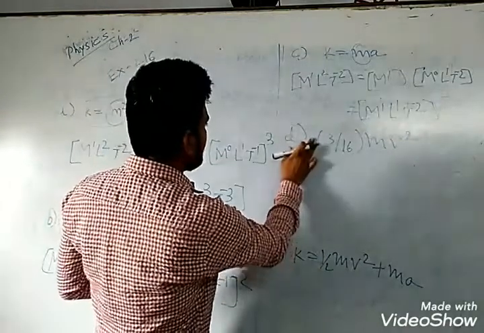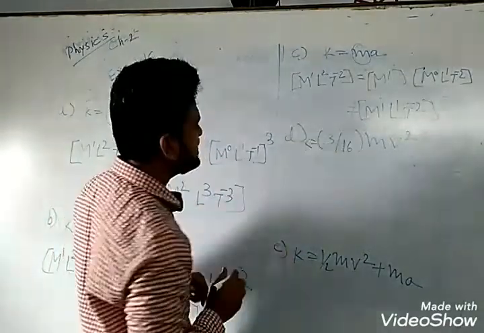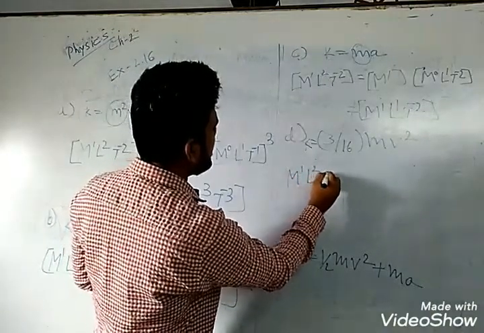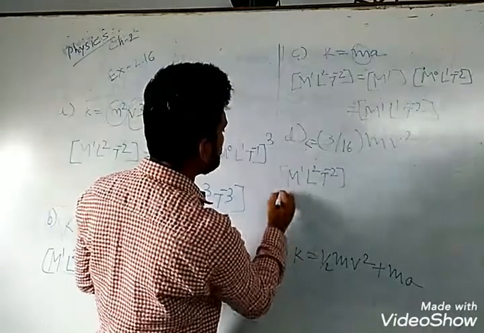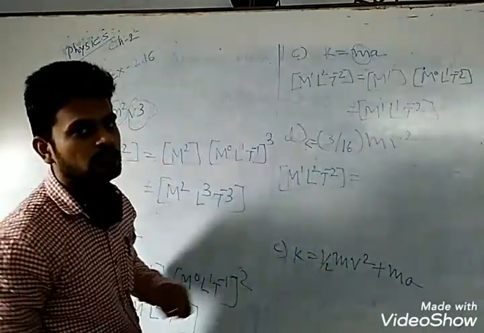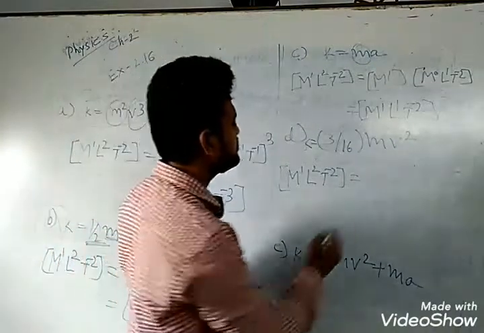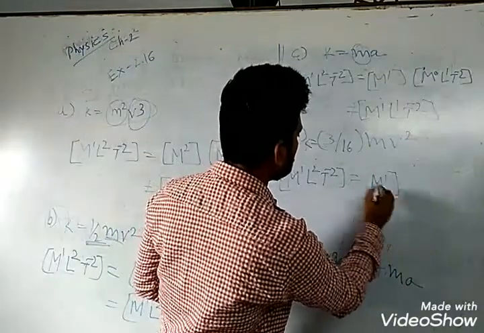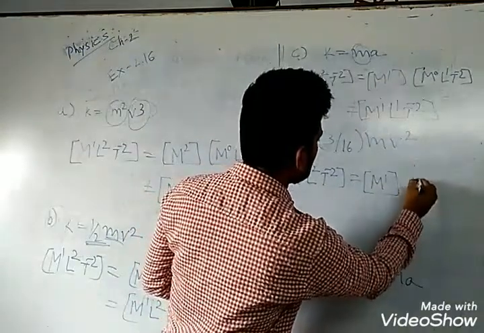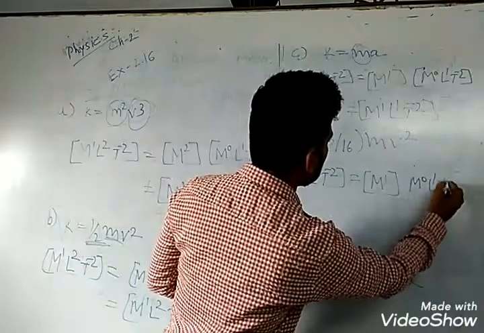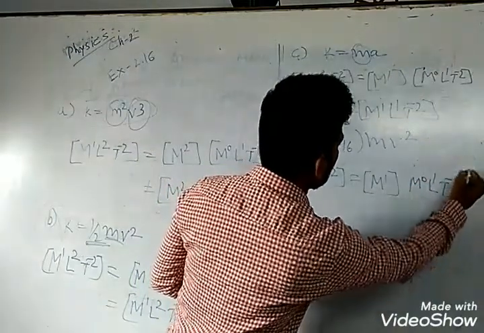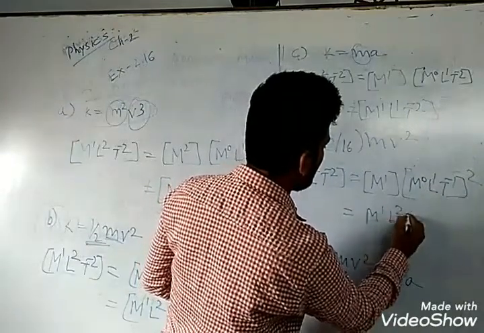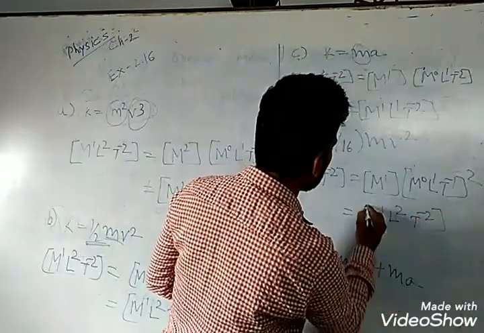Next equation is k = 3/16 mv². The dimensional formula for kinetic energy M¹L²T⁻² is equal to 3/16, a constant value, times m, the mass of body, M¹, and for v, M⁰L¹T⁻¹ squared, so it is equal to M¹L²T⁻².